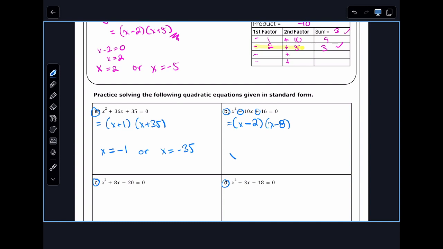So I'll write the answers for the C and D. If you didn't get a chance to work on them, you can double check your answers at home. Now, notice for these first 4 examples, because I just want to test that we can find the zeros of the quadratic, I gave you standard form equations where the A is equal to 1.